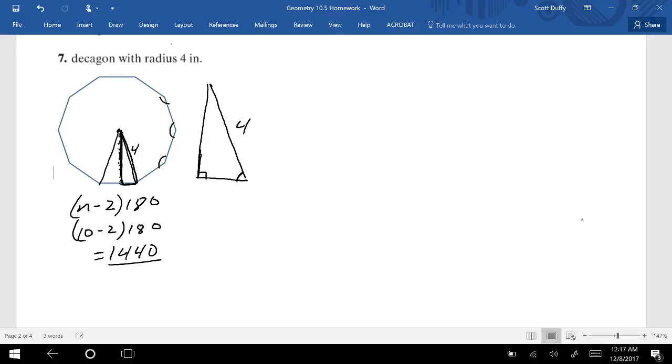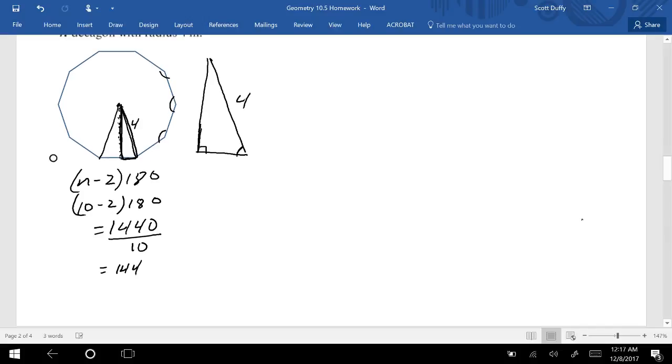Divide that by the number of interior angles, which is 10. And that equals 144. And then I realize that this right there is half of 144. Divide by 2, and you get 72 degrees. So this little angle right here is 72 degrees.